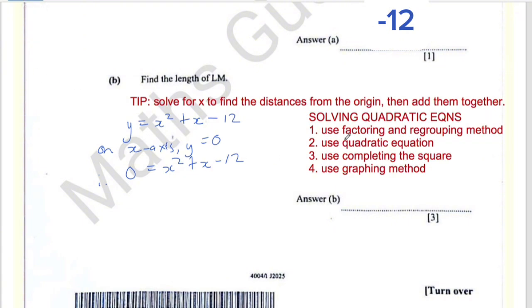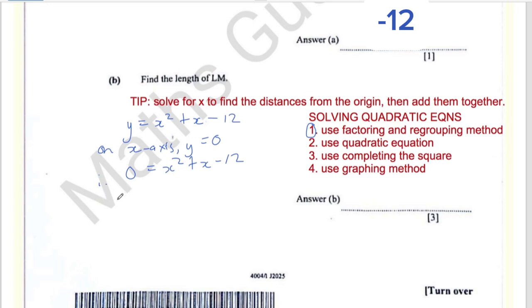Now, x squared plus x minus 12, we're going to use the factoring and regrouping method. Now, to use this method, it's very simple. We are going to find factors of minus 12 times 1, the coefficient of x squared. So it's just minus 12.